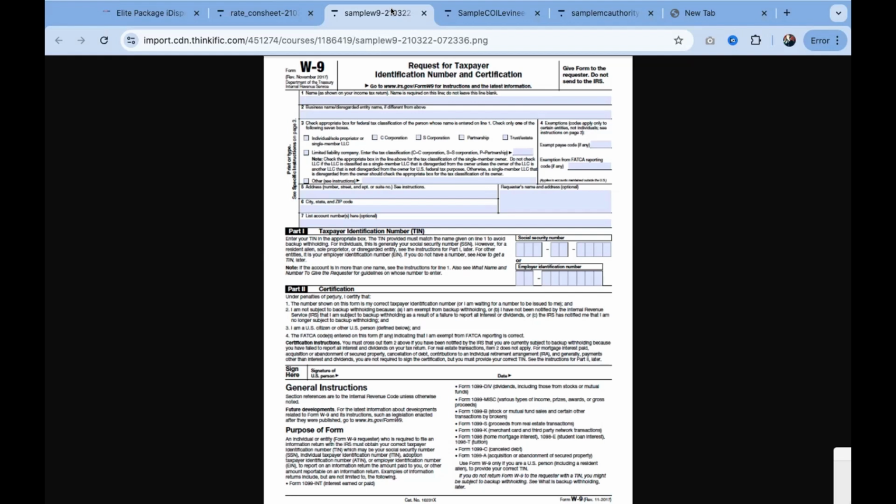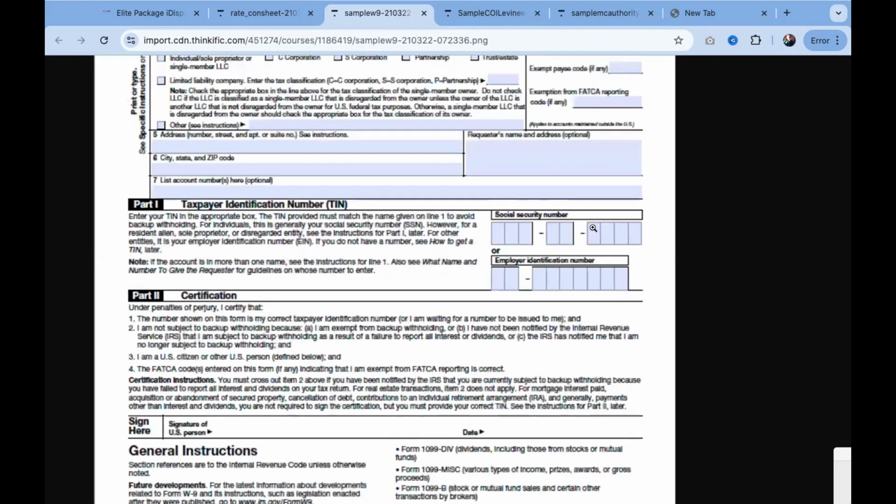Okay. I always look for EIN or TINs. I really don't like doing business with people that have their social security number here instead of a TIN or EIN. Why is that? Because of how it was set up, right? A lot of people don't know that you don't even need an LLC to set up your business, right? You can set up your business using your social security number. However, that is not where LLC comes in.